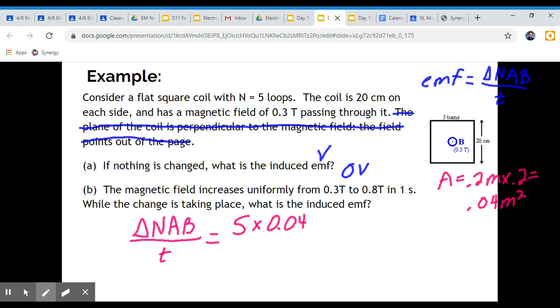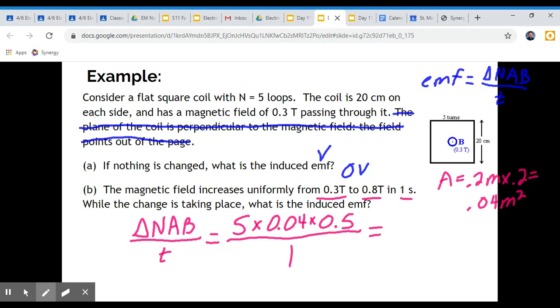So I'm going to multiply that by 0.04. And now I'll multiply this by the magnetic field. Now we are changing our magnetic field, so we're not going to specifically use 0.3 or 0.8. I want to use the change in magnetic field, so I'm actually going to end up with 0.5. And then I'm going to divide all that by my time, which is 1 second.